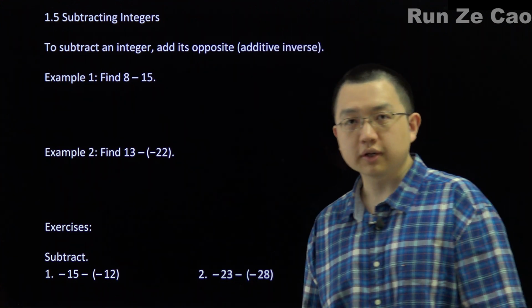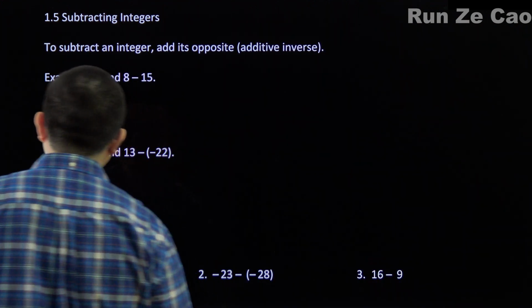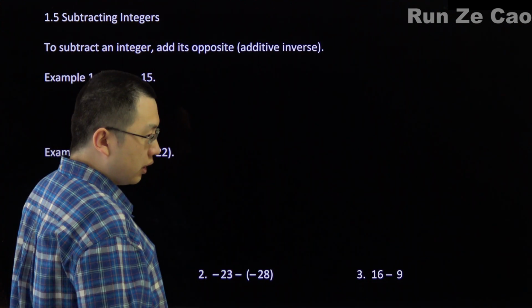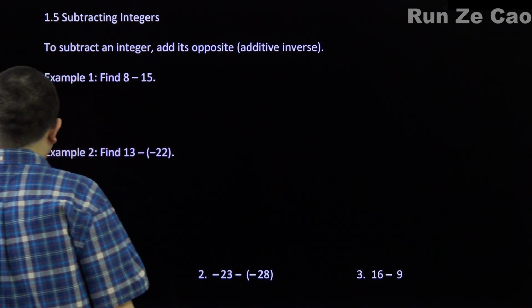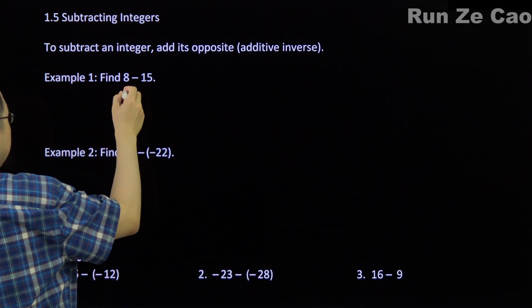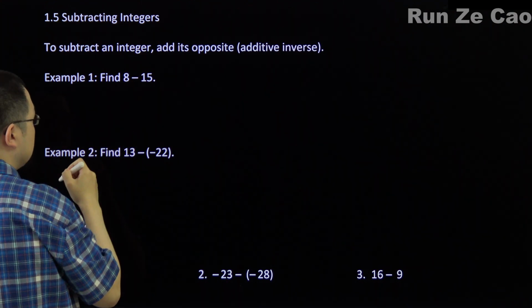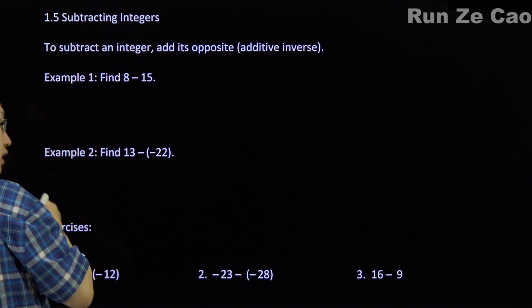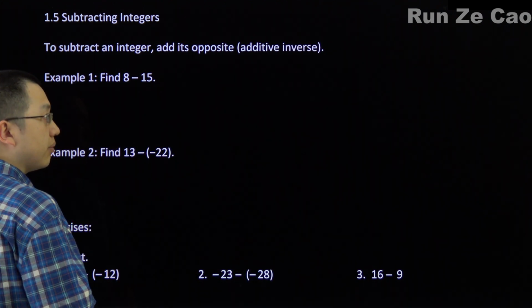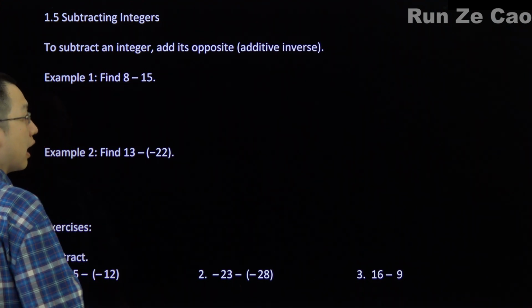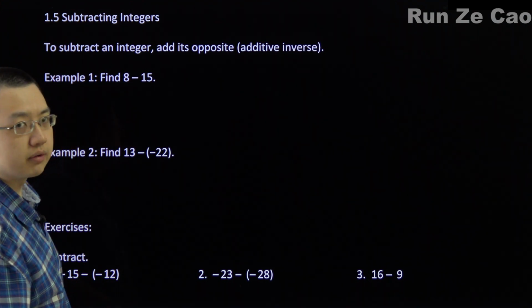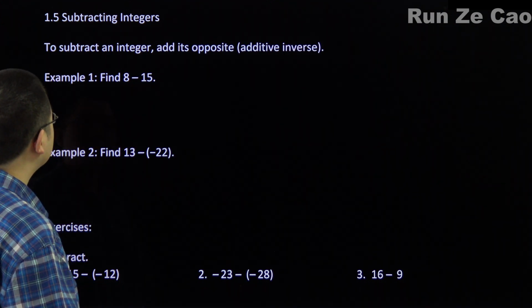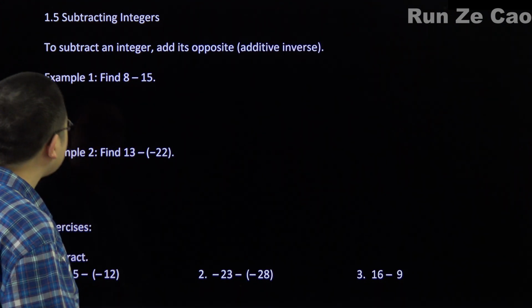Subtracting integers. When you subtract an integer, you're adding its opposite, which is its additive inverse. So find 8 minus 15. Positive 8 minus 15. Where are you going to end up? On a number line, say, because that's apparently preferred in North America. Well, okay, you can first go 8 minus 8 minus 7.